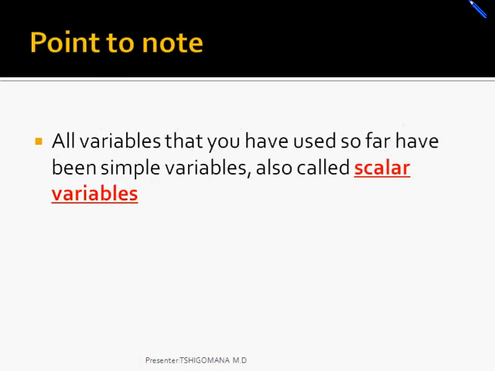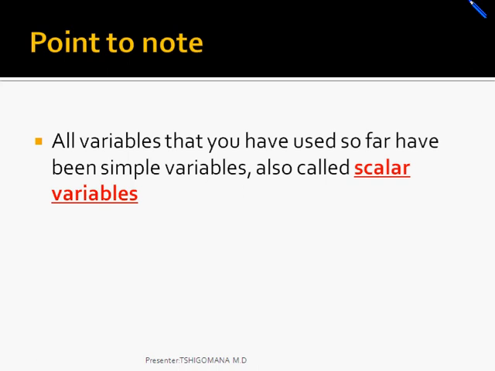All variables that we have used so far have been simple variables, also called scalar variables. Now, what is the difference between scalar variables and array? For example, if we design a program that will accept only a mark for a student, that is a scalar variable. But if we design a program that will accept marks for all students in grade 10, that becomes an array.